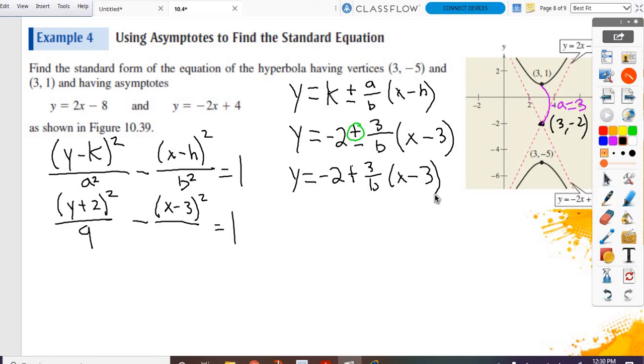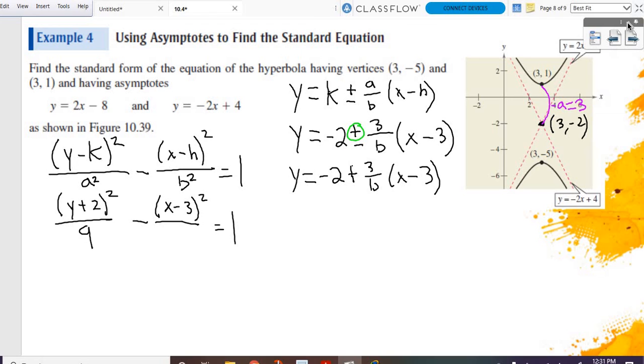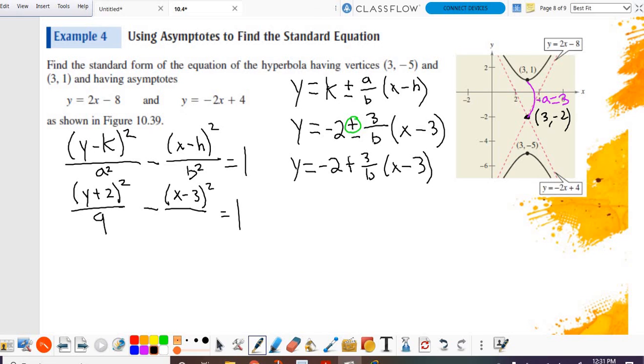Now notice I have parentheses here. In the two equations that they gave us for our asymptotes, neither one has parentheses. So we need to get rid of the parentheses in the equation that we have in order to be able to match and see which one we need to look at.